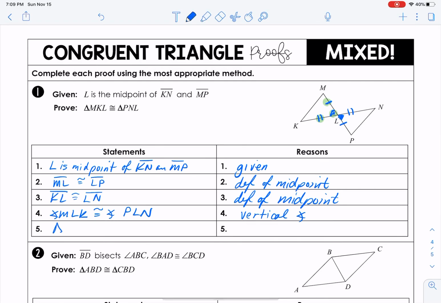So I can say triangle MLK is congruent to triangle PLN, MLK, PLN. Using side, angle, side congruence.